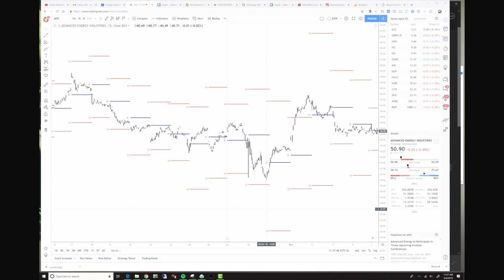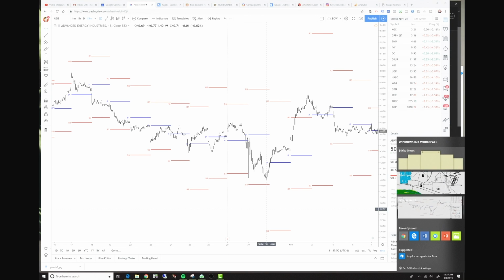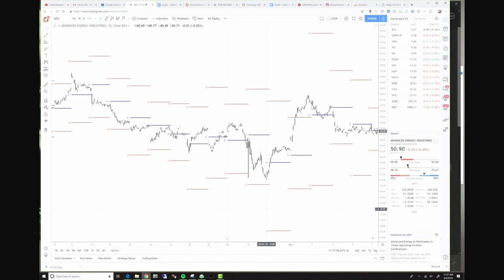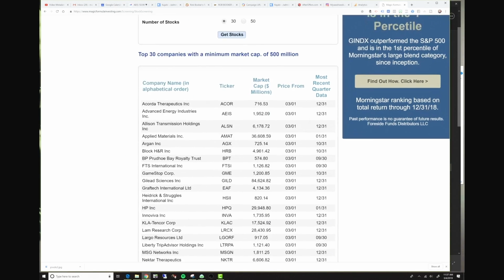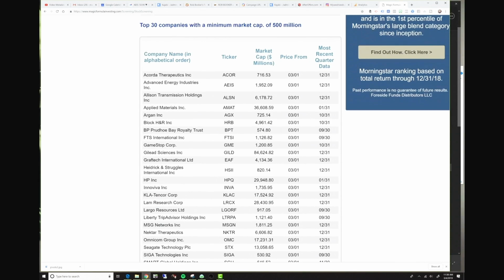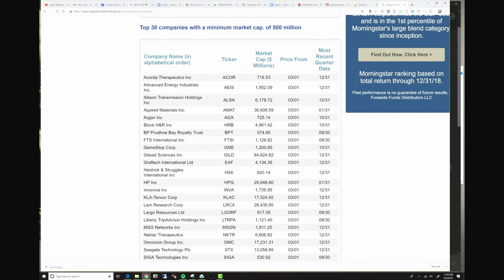There it is. Maybe every single time it hits S3, we buy it. And we create a portfolio of stocks that we ran from a website like this. That looks like a great idea to me. I would do this, this could be a whole service. I probably should do this, but now I've taught you how to do it for free.